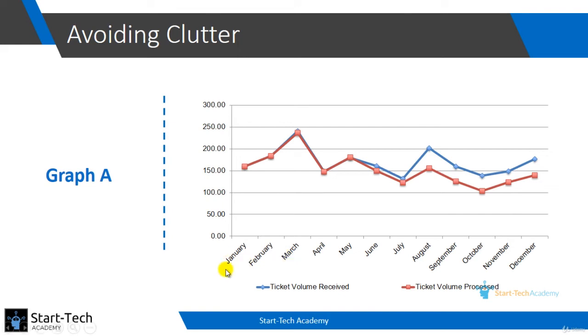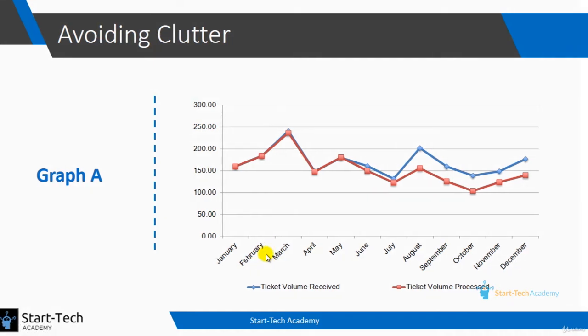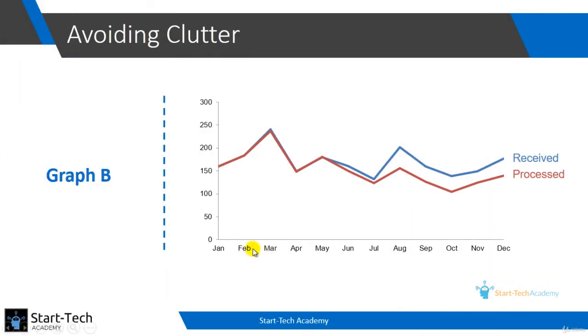First of all, the month names shown here are tilted, which is a little difficult to read and takes extra effort on part of audience to identify which month is represented at which point. Secondly, if you use short forms also, you can still clearly make out what this Jan is representing, what this Feb is representing. So there is no loss of information there.